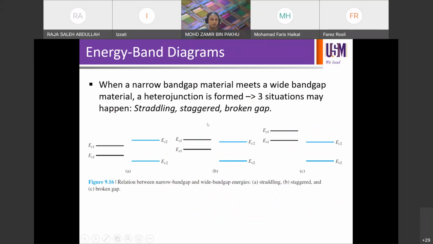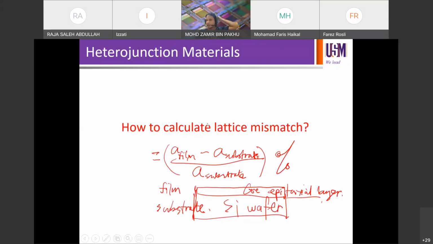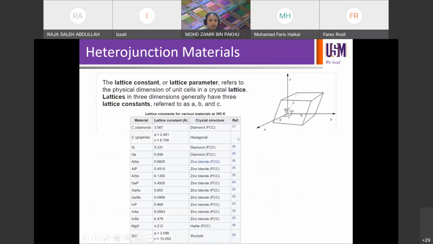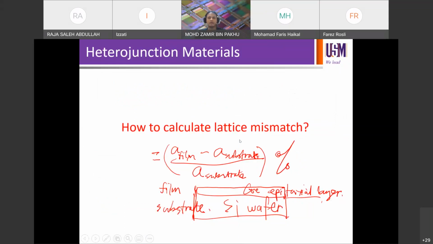So let's go through. For example, okay, try to calculate. Now we know this equation. We know the equation. Now let's try to calculate. If you want to grow a very thin epi germanium, okay, listen to my question. You want to grow a very thin epitaxial layer of germanium on silicon.